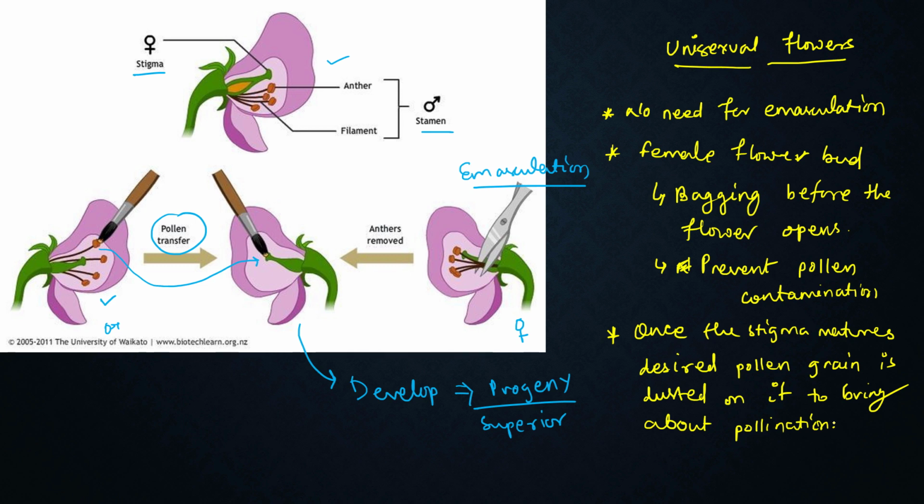So this is what we need to understand in unisexual flowers: there is no need for emasculation because we have a separate female flower.